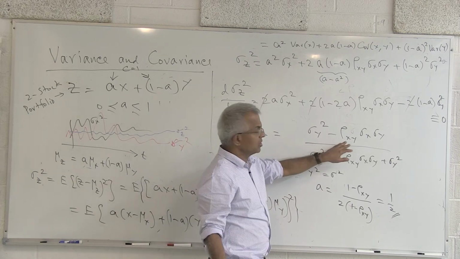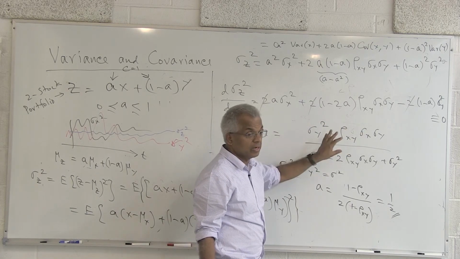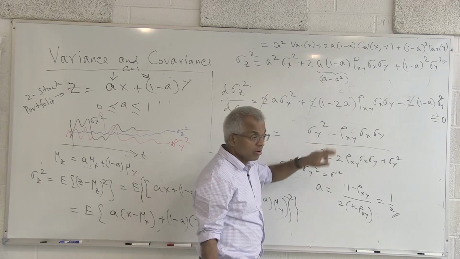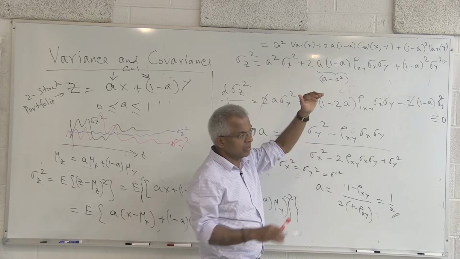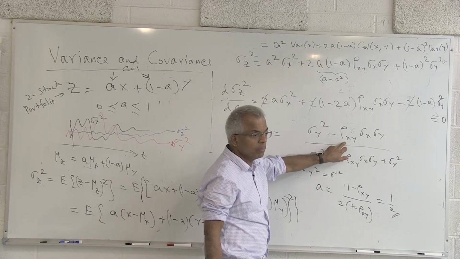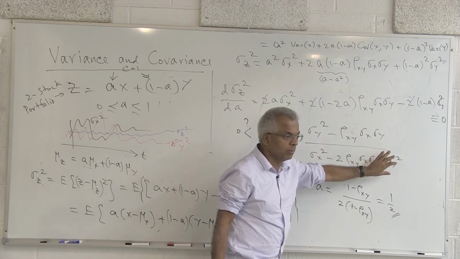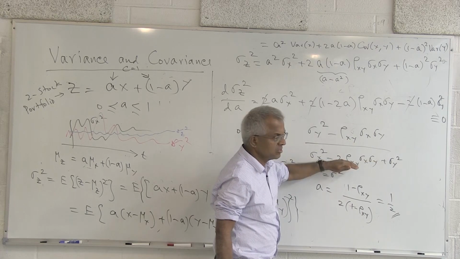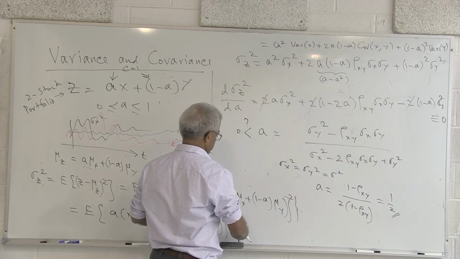Remember, if rho is positive, as I said, it's conceivable that this quantity could go negative and it doesn't make sense. But on the other hand, if rho is negative, which means when x goes up, y has a tendency to go the other way, then minus rho will be positive. Then the numerator will be positive, the denominator will be positive. Numerator is less than denominator, so a is guaranteed to be between 0 and 1.